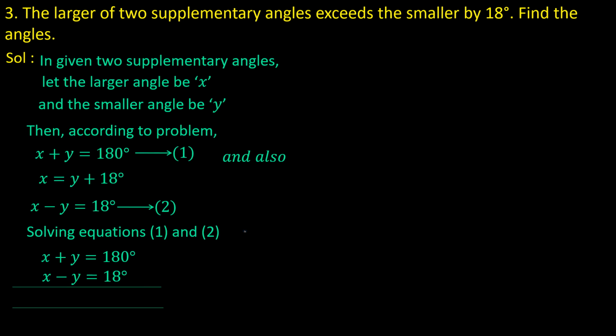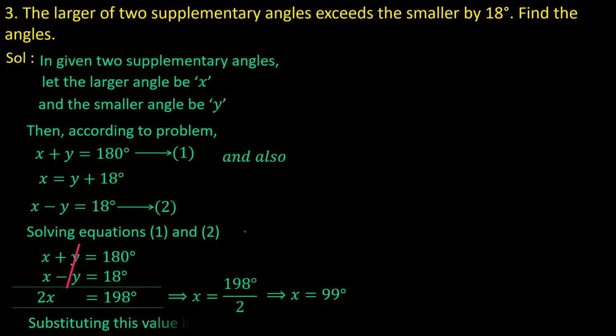Now plus y minus y will cancel, and x plus x, 2x, is equal to 180 plus 18, which is 198. So we got 2x equal to 198 degrees, and from this x equal to 198 by 2, that is x equal to 99. So we got the value of x as 99 degrees.